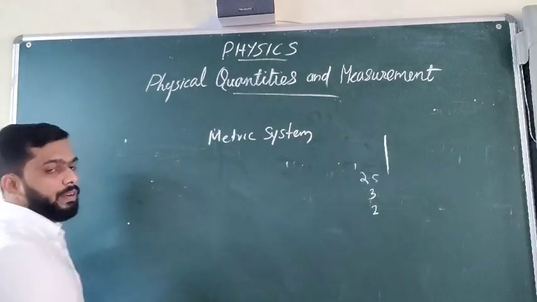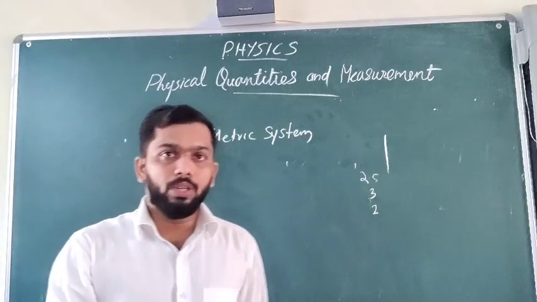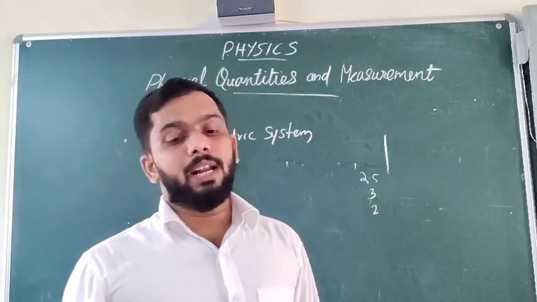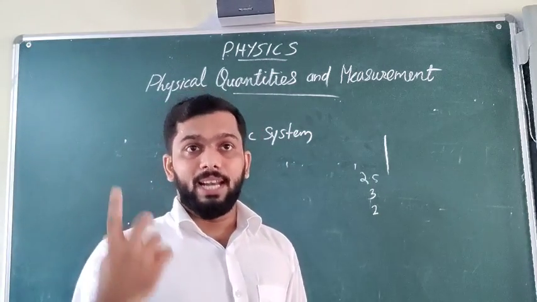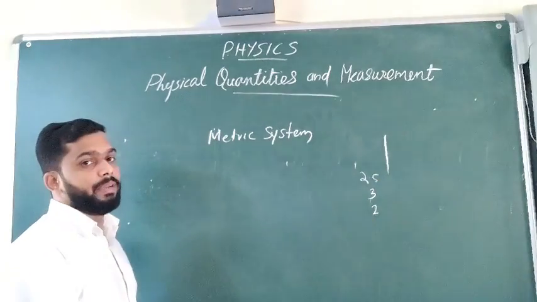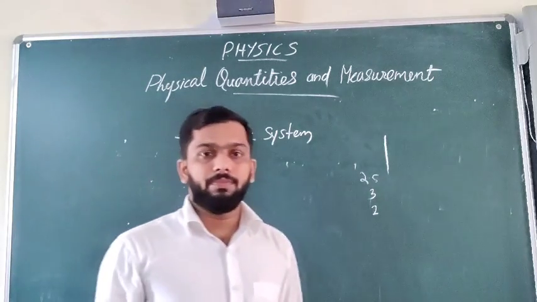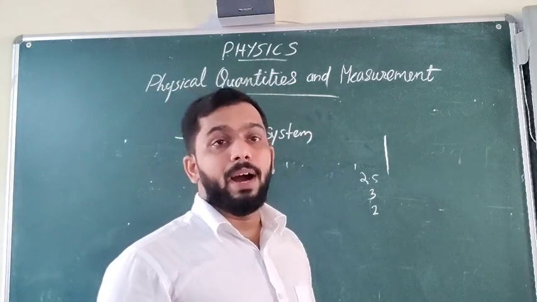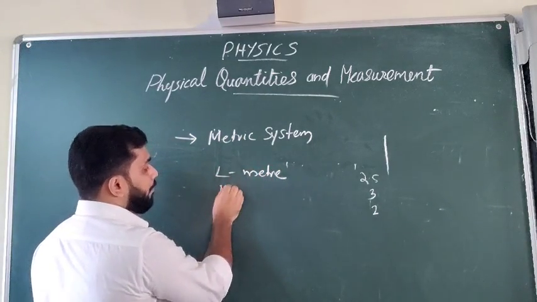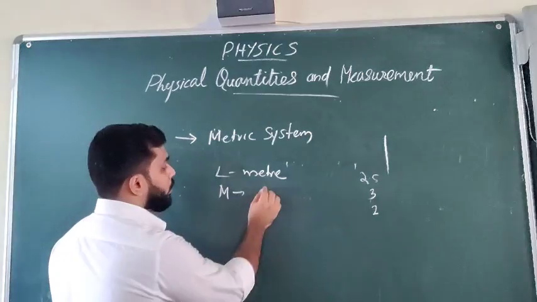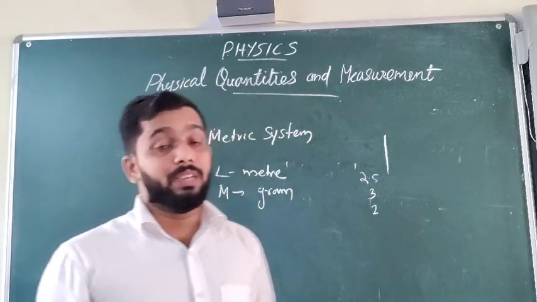So we are moving from the traditional units in order to get an accurate value. In 1791, the French Academy of Sciences developed a scientific system where length was expressed in meter, and they named it the metric system. Length was in meter, mass was in grams, and volume was given as liter.